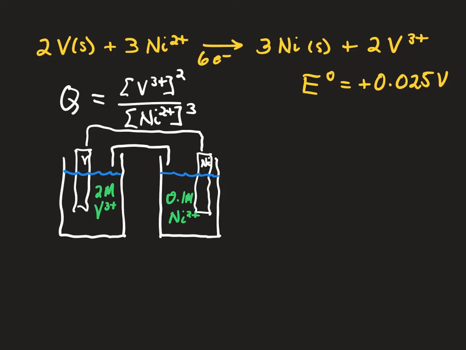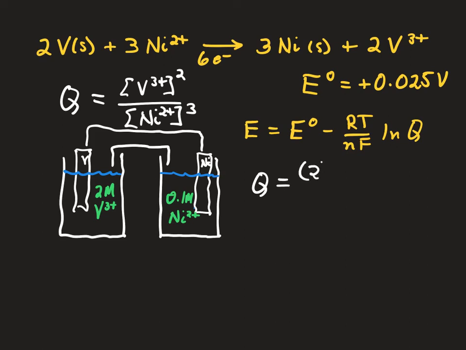Well, we just found out that our potential is equal to E0 minus RT over nF times the natural log of Q. And Q here is going to be equal to the concentration of vanadium ions in that cell, which is 2 molar squared, divided by the concentration of nickel, which is 0.1 molar cubed.